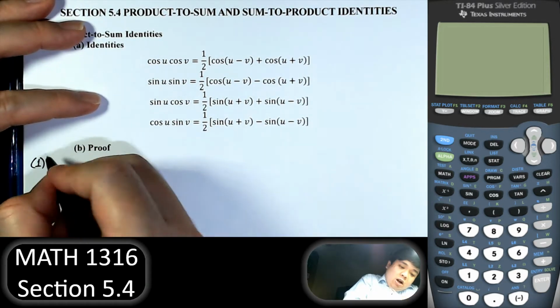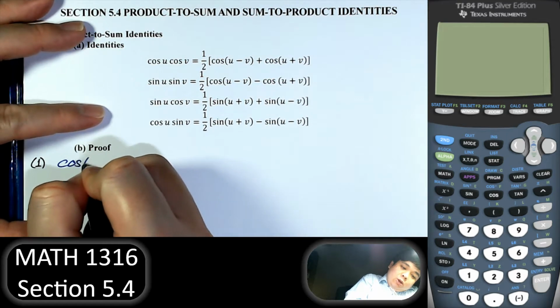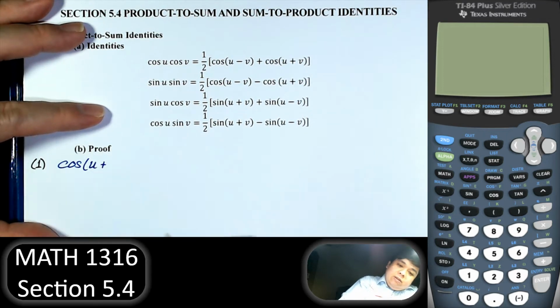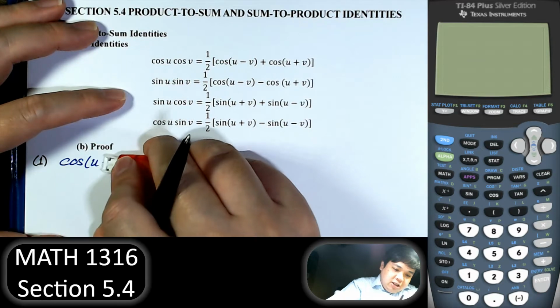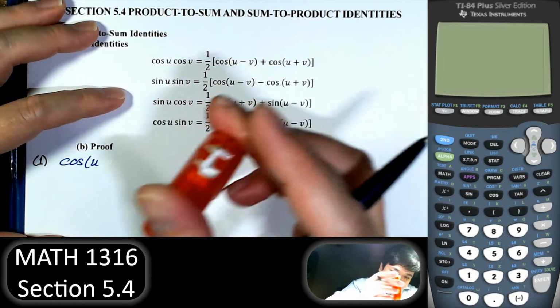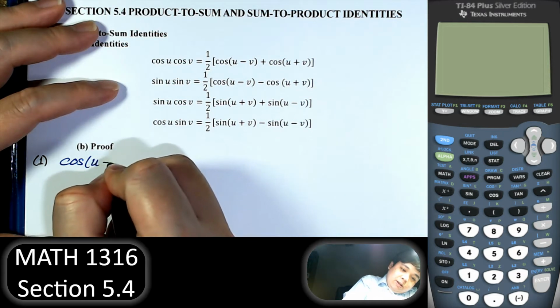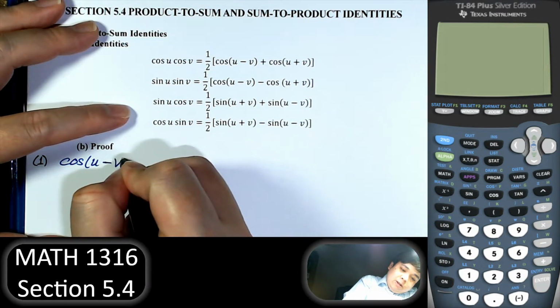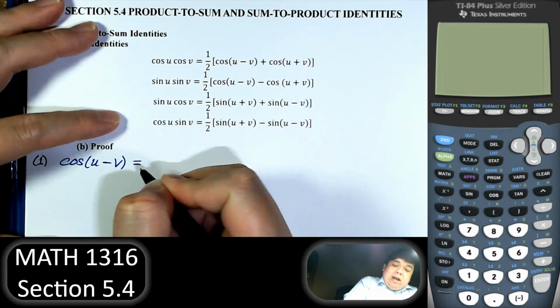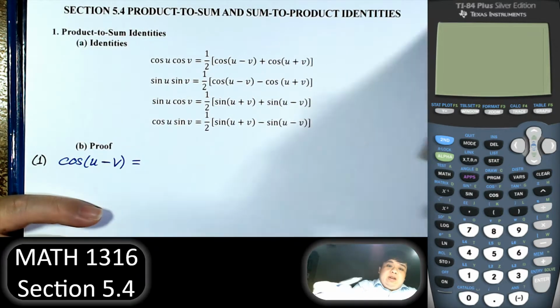So let's start with cosine of u minus v first, using the sum and difference identities.